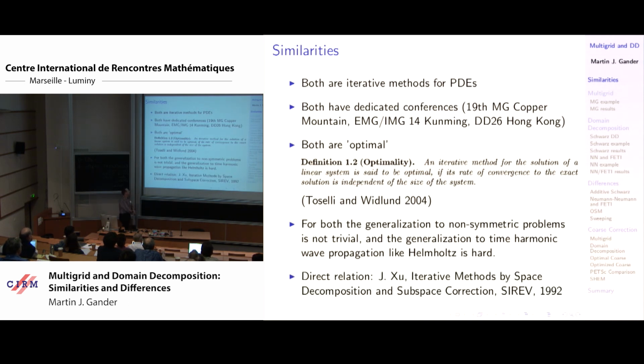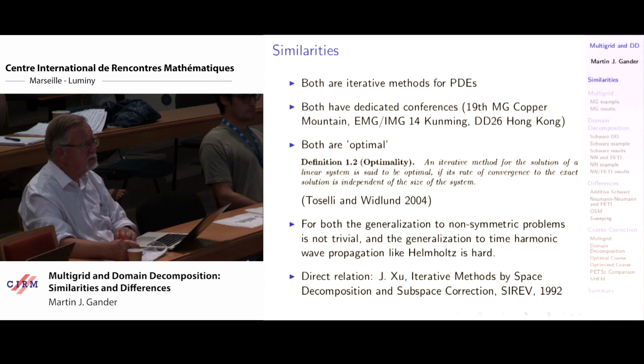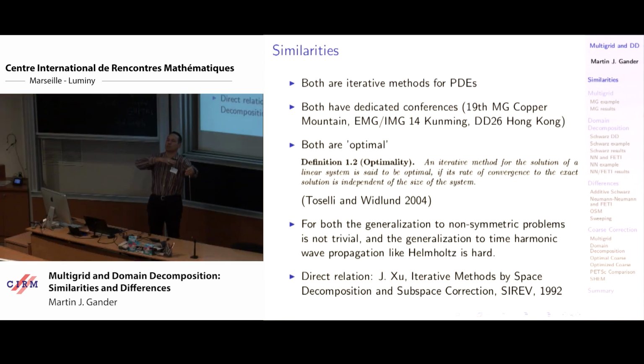There is another direct relation that I'd like to mention here. It's a beautiful relation that goes back to Jinchao Xu in this seminal paper, Iterative Methods by Space Decomposition and Subspace Correction in SIAM Review in 1992. And he explained to me the idea that he had when he tried to link these methods. In domain decomposition, you have subdomains, and in general, you have many unknowns in each subdomain.